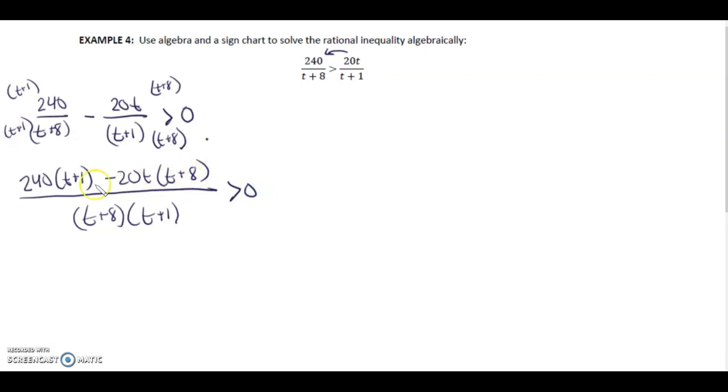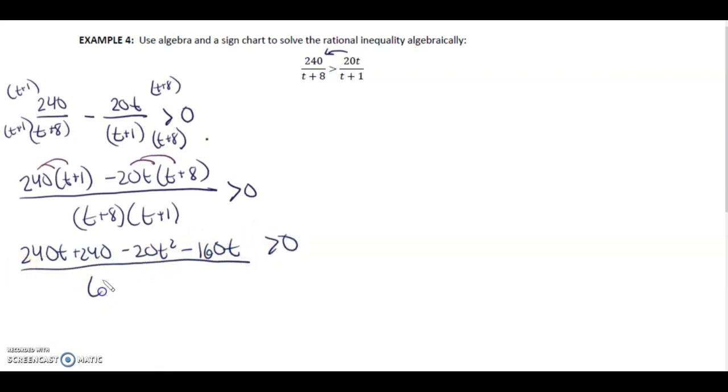Okay. So now we're just going to expand everything in the numerator and collect like terms. So I get 240t plus 240 minus 20t squared minus 160t. Same denominator. Leave the denominator, don't expand it.